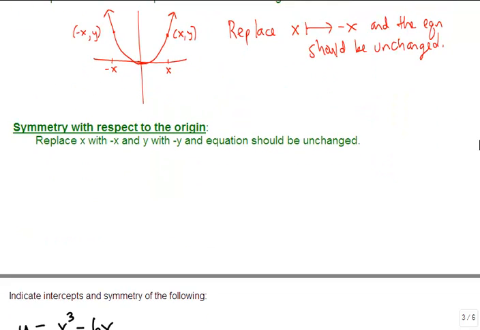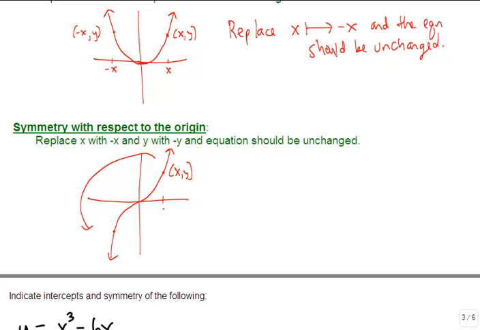One more type of symmetry that's very common is called symmetry with respect to the origin. So this would be the type of symmetry that you might see with an x cubed graph, something like this, where if you were to take this curve or this point, x comma y, and rotate it 180 degrees around the origin, you would get the same point over here.